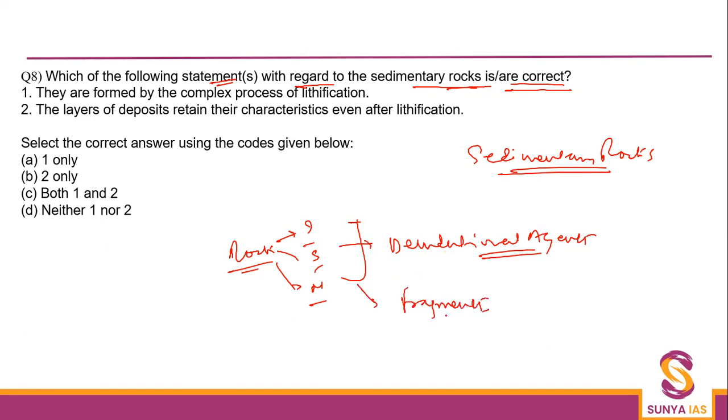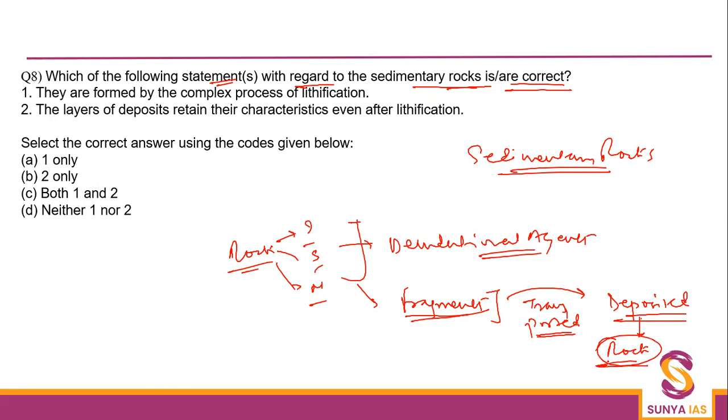These fragments are then transported through several agents, and after transportation they get deposited. When they get deposited, then because of several processes, they turn into a rock system through a lot of pressure, a lot of temperature and other changes. This whole process, from here to here, is basically known as lithification.